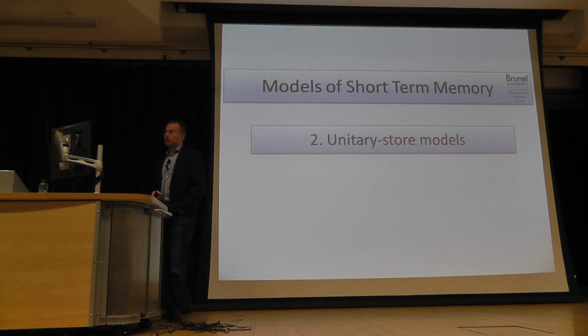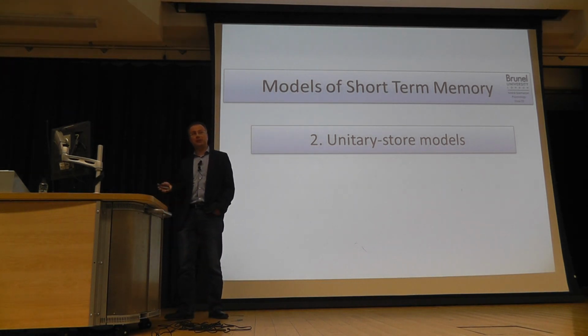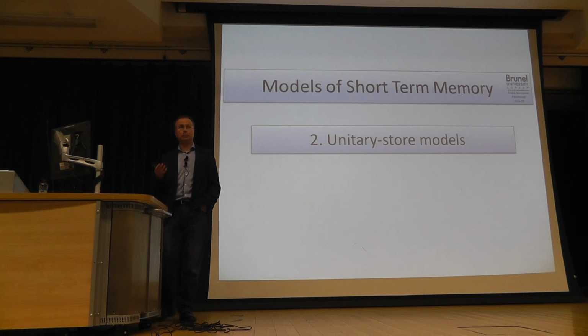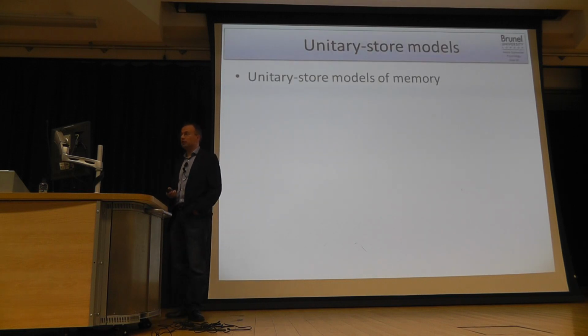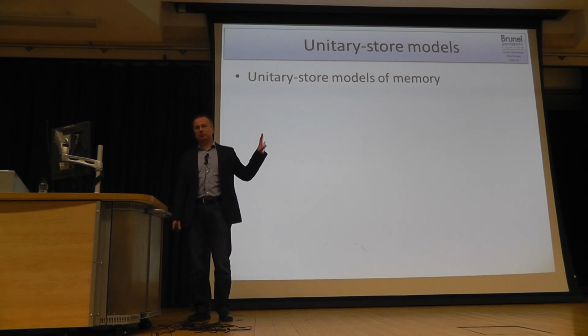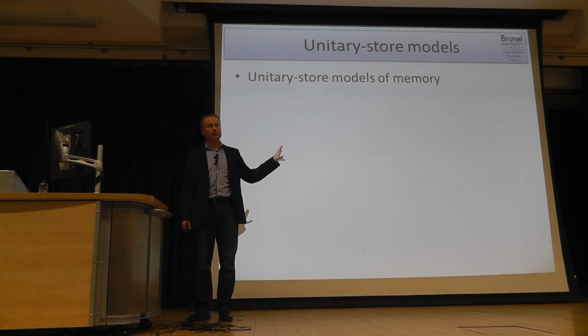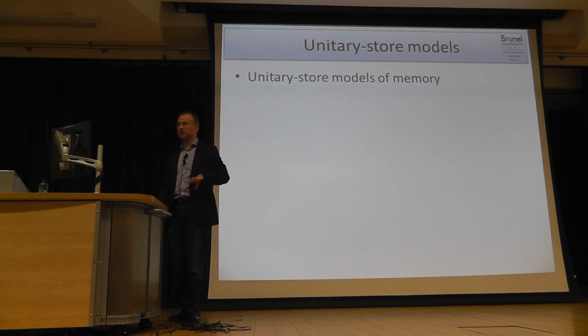Okay, so let's have a look at a different way how memory can be conceptualized, how you could propose a model for memory. We look at a model which is called a unitary store model. This is by far not as popular as the Atkinson and Shiffrin model we just spoke about, or the Baddeley model we will speak about in a moment.